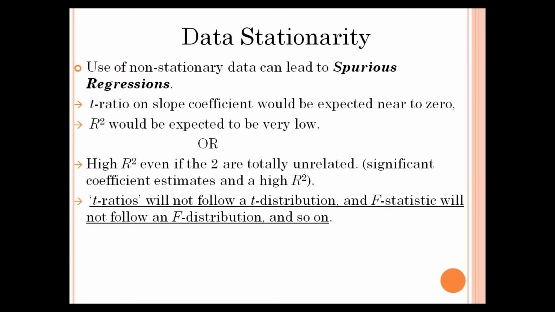The t ratio on slope coefficient would be expected near to 0, r square would be expected to be very low, or this could happen that your r square is pretty high, though your independent and dependent variable are totally unrelated. Still you have a high r square. Then the t ratios will not follow a t distribution, and the f statistic will obviously not follow an f distribution, and so on. So that's all about the problems that you face if you have non-stationary data.